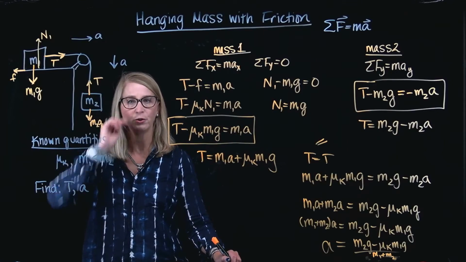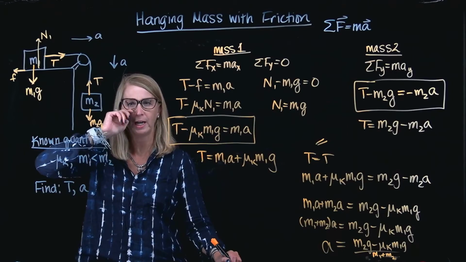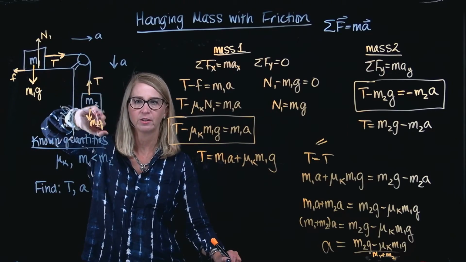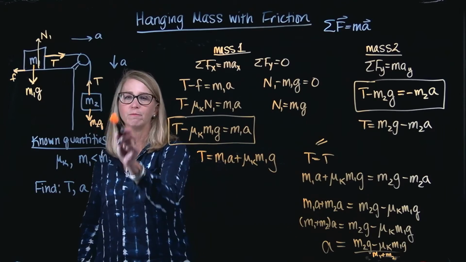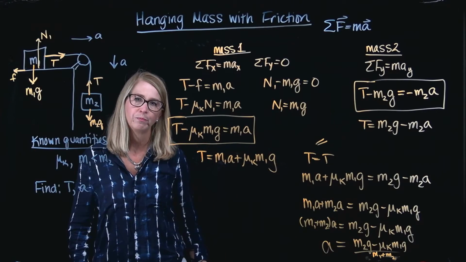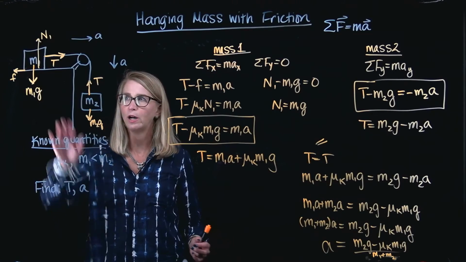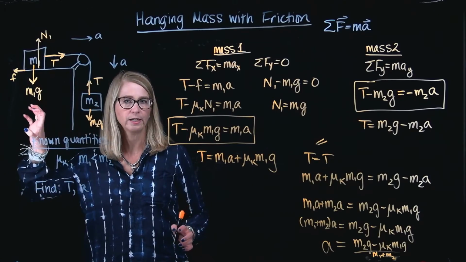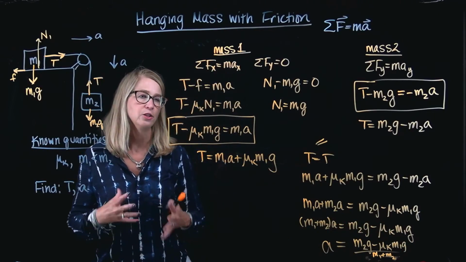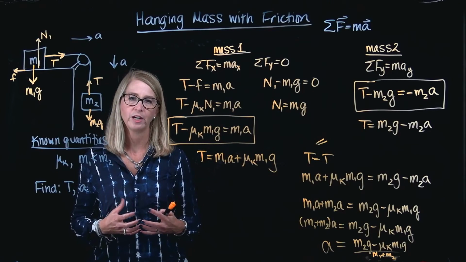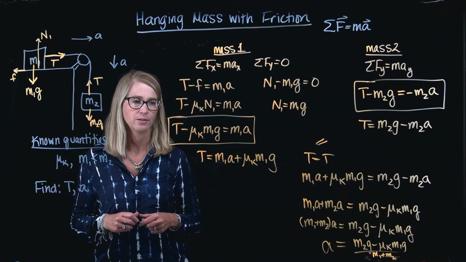That might be confusing because it sort of changes direction depending on which mass you're looking at. But if I think of that as a continuous line, the weight of mass 2 is tending to pull the system down in the direction of acceleration while the frictional force is working against it. And all this is the frictional force right here. And then the total mass of the system, which we're dividing by, is m1 plus m2. So this actually makes a lot of sense.